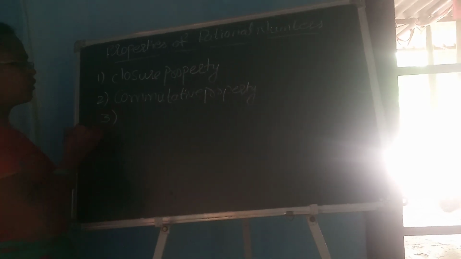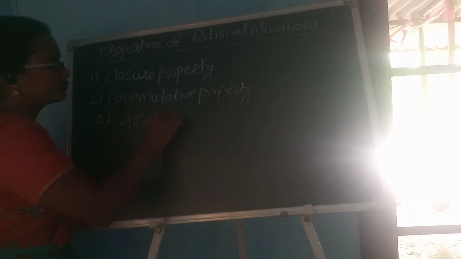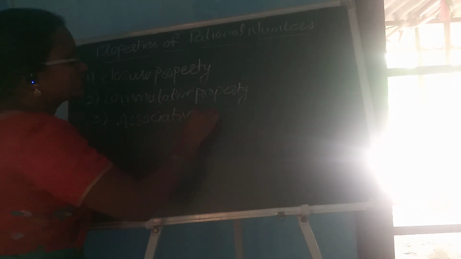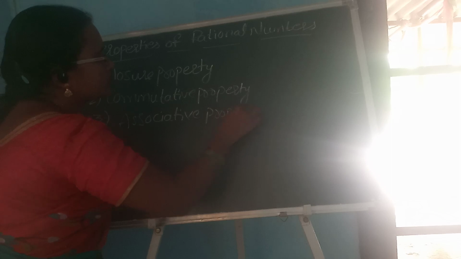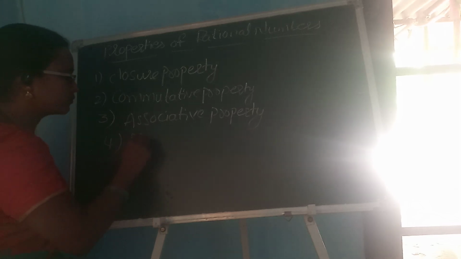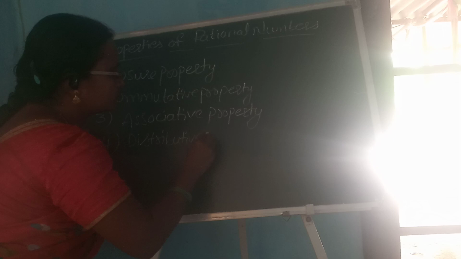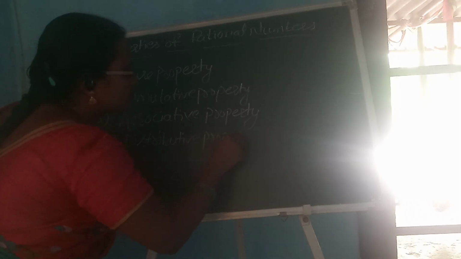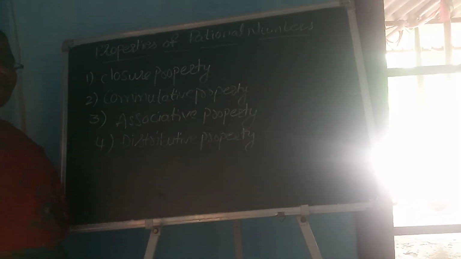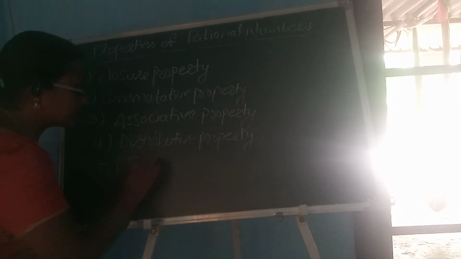Next, third one is associative property. Fourth one is distributive property. Next, identity and inverse.